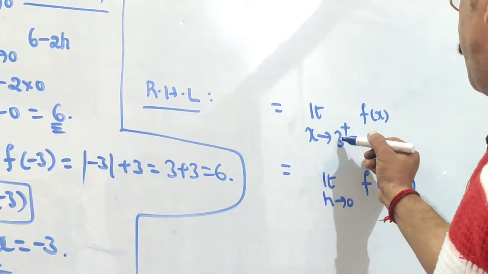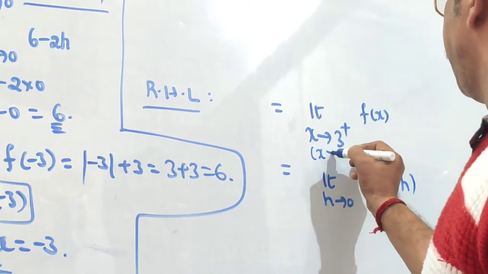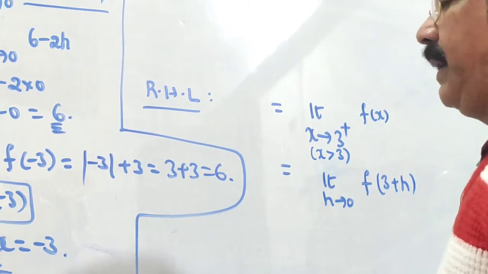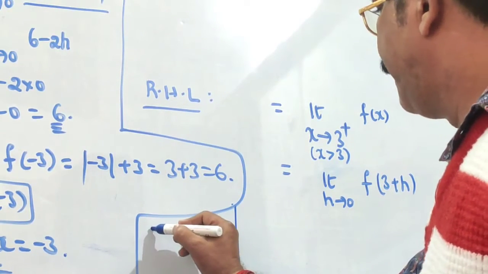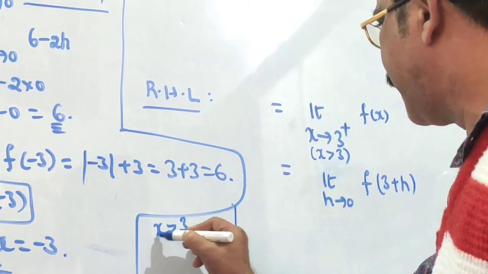So x tends to 3 plus means what? x is greater than 3. Here, rough work, this means the x greater than 3 case.